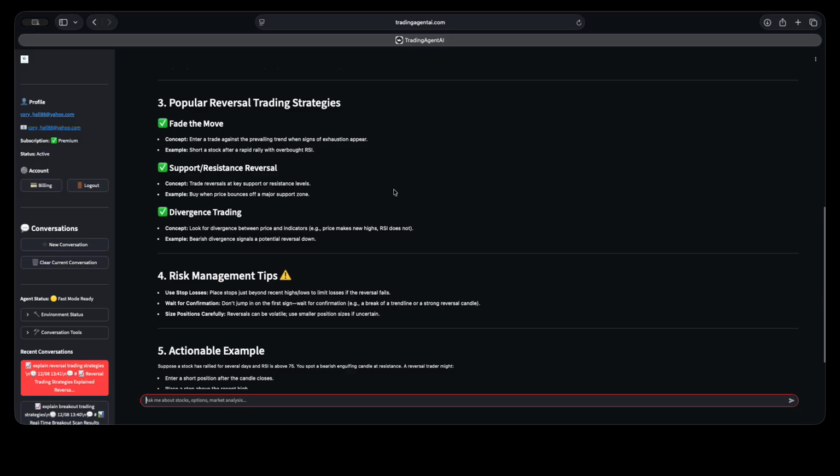So some popular reversal trading strategies. Fade the move: the concept here is to enter a trade against a prevailing trend when signs of exhaustion appear, like shorting a stock after a rapid rally with overbought RSI. And then support and resistance reversals: trade reversals at key support or resistance levels.